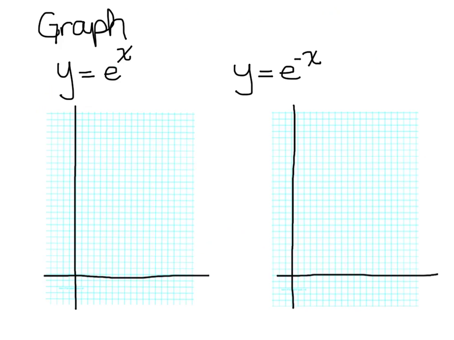The graph of Euler's number, or E, I'm going to refer to it as E, is also growth or decay. In this first example, y equals e to the x is my example of growth. Don't forget, E is a number.